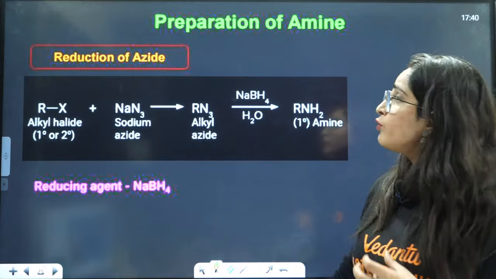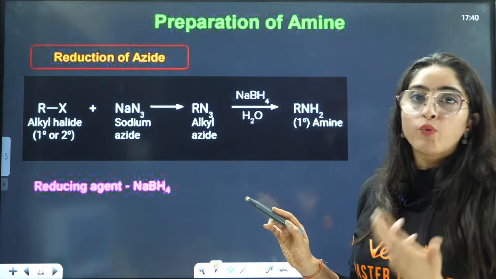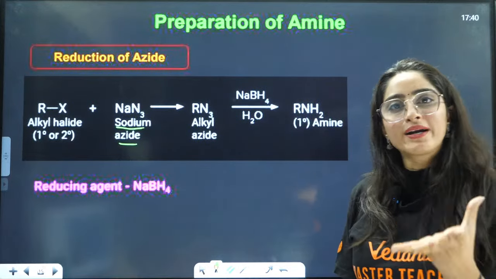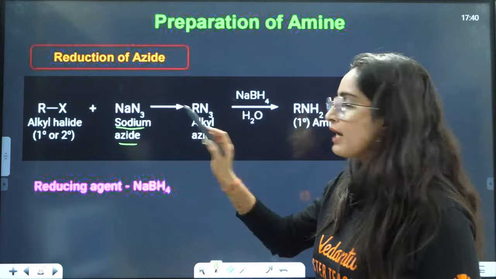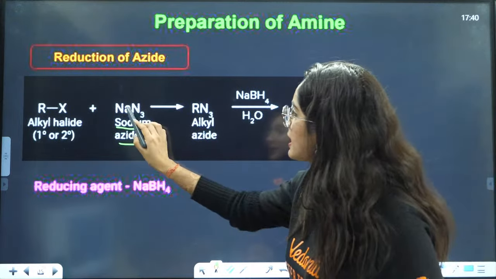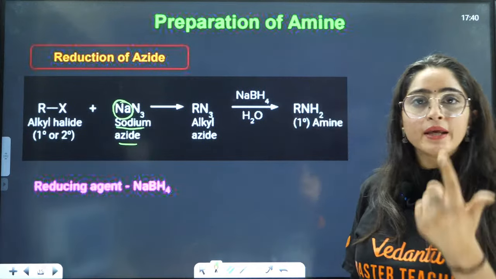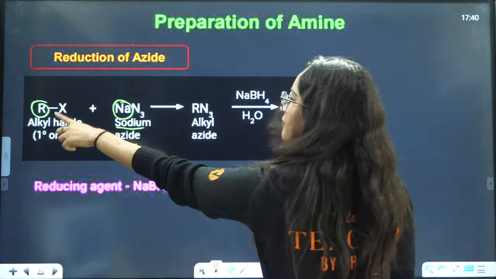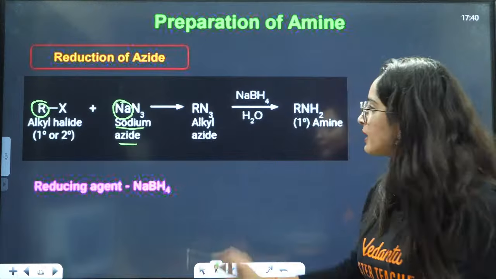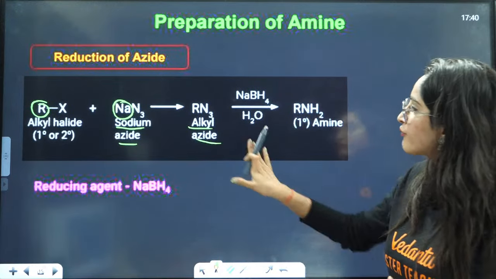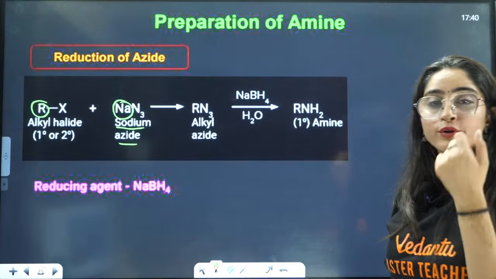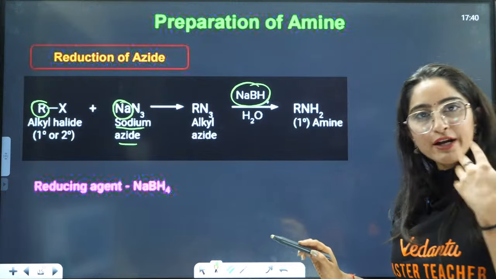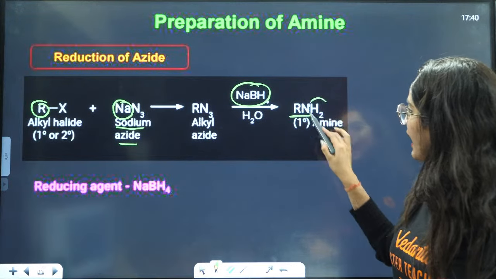Now when you want to reduce the sodium azide, what will be formed? You have azide here, you have an alkyl halide, that can be 1 degree or 2 degree. Now see what will happen here. This Na will be replaced by the R that you have here, and hence you will have RN3, that is called alkyl azide. After this, on reducing this particular thing and after the hydrolysis, you will get RNH2.